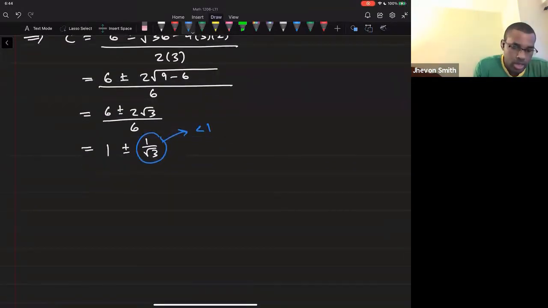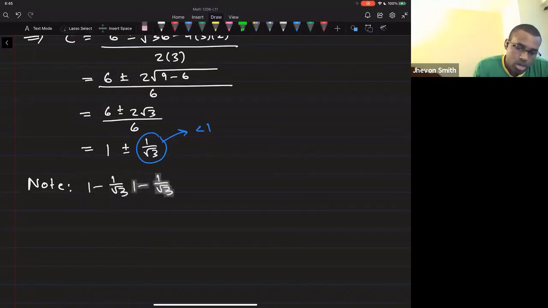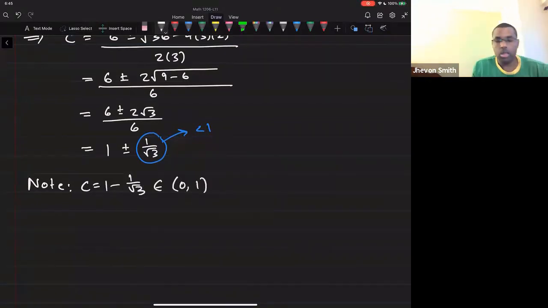So note 1 minus 1 over rad 3: c is an element of this interval, right?